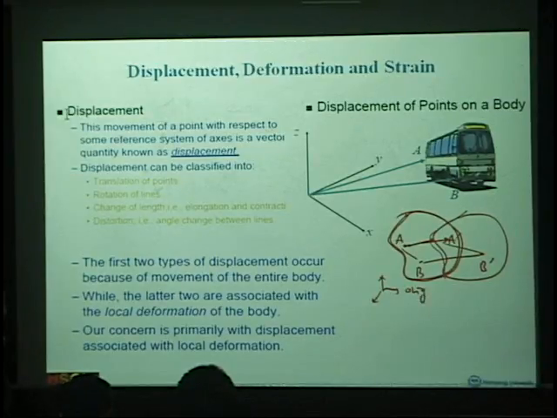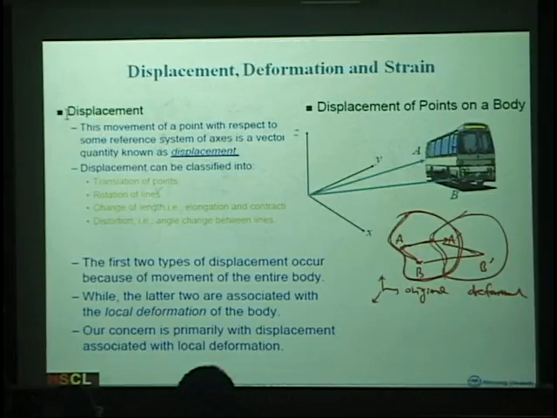This is the original, and this is the deformed shape. Originally there were A and B, and after deformation, they move to A prime and B prime.